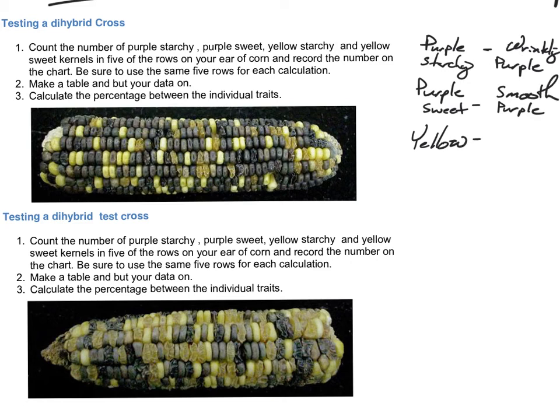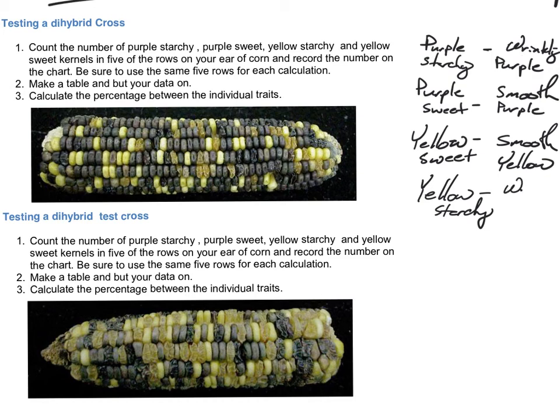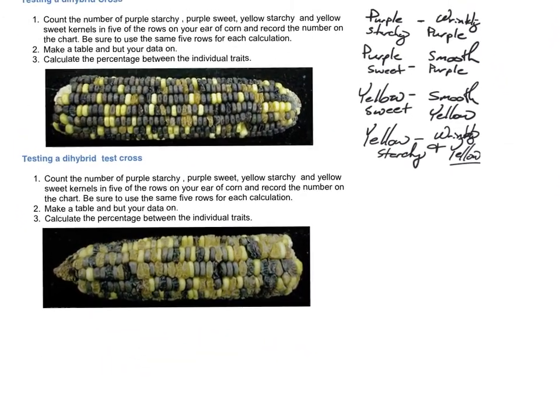Yellow and sweet are gonna be the smooth and yellow. And yellow starchy are going to be wrinkly and yellow. Everybody okay with that? So let's just have a standard. That's going to be our standard.